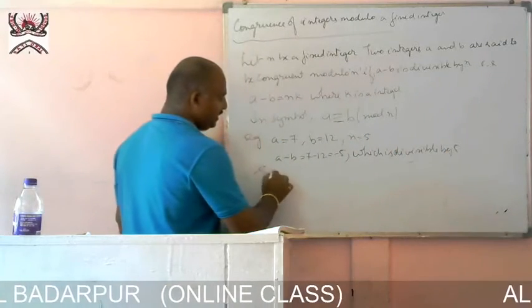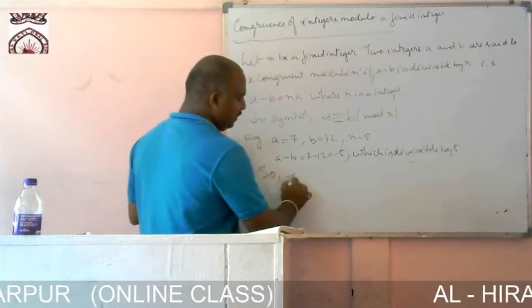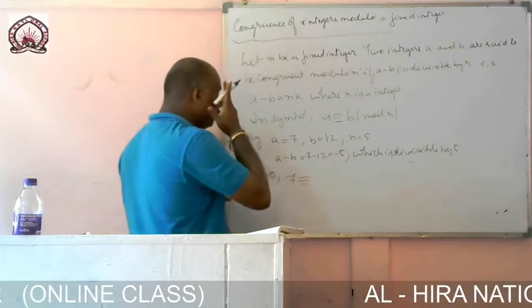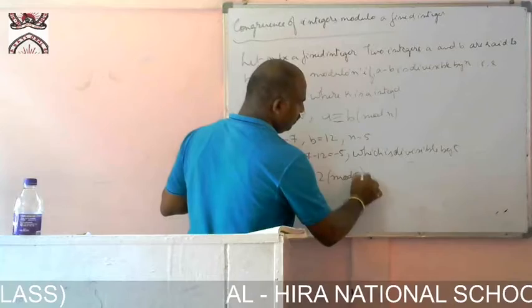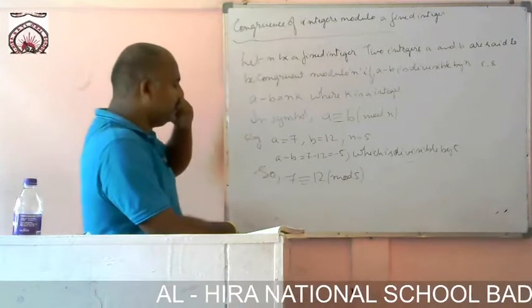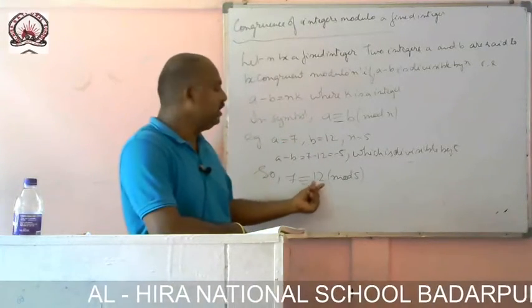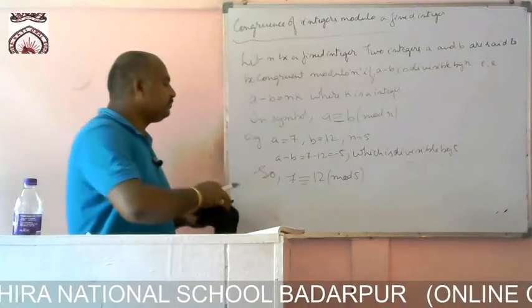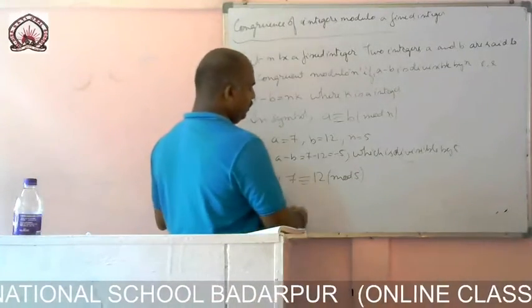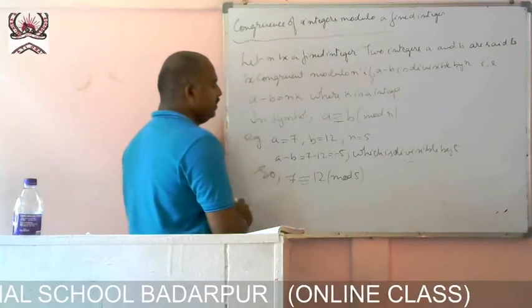So you can say that 7 is congruent to 12 mod 5. Clear?